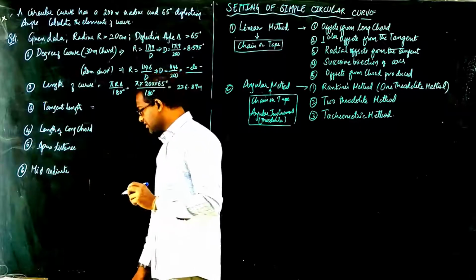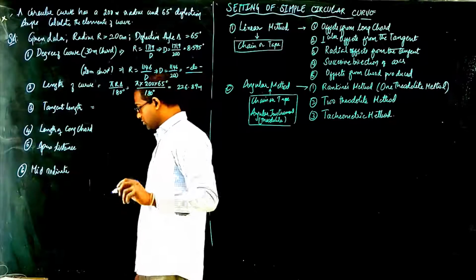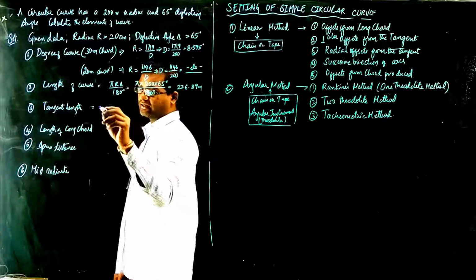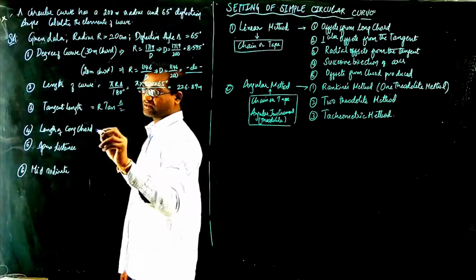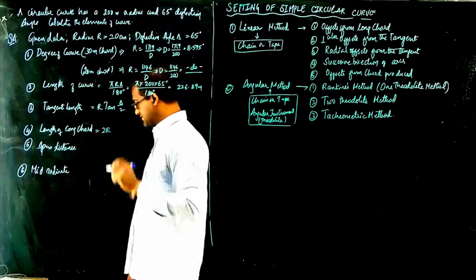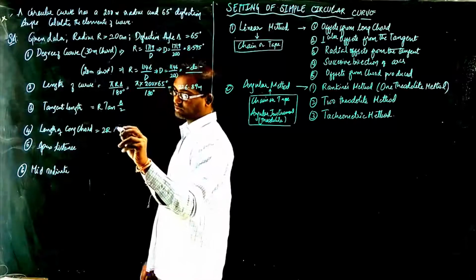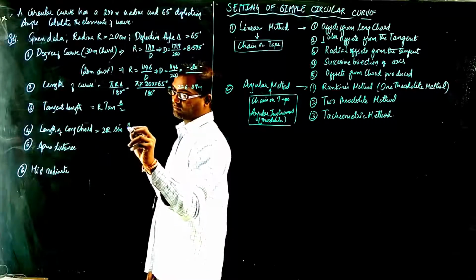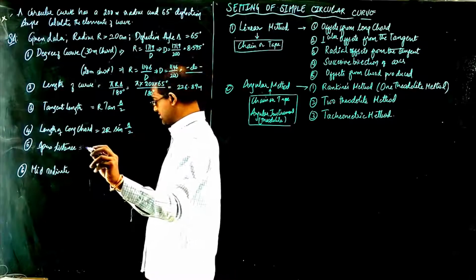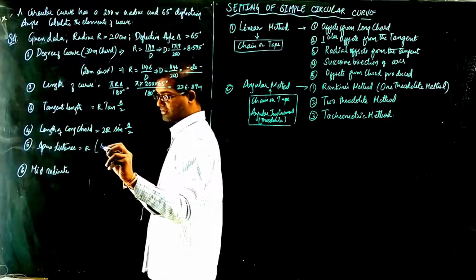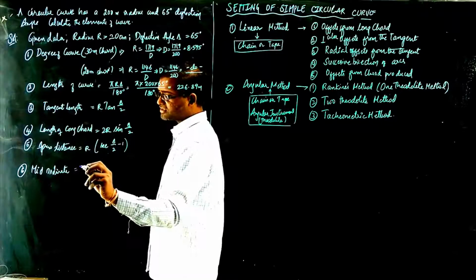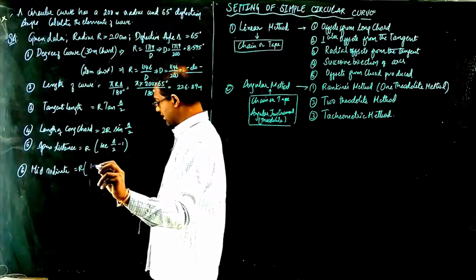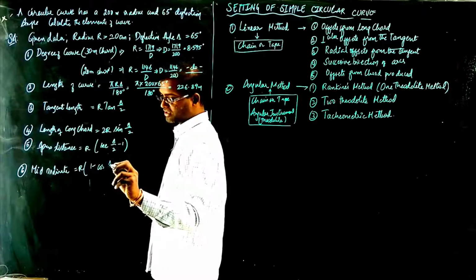So tangent length is given by r tan delta by 2. This we have discussed. The long chord is 2r sin delta by 2. The apex distance is r into secant delta by 2 minus 1. The mid-ordinate is r into 1 minus cos delta by 2.